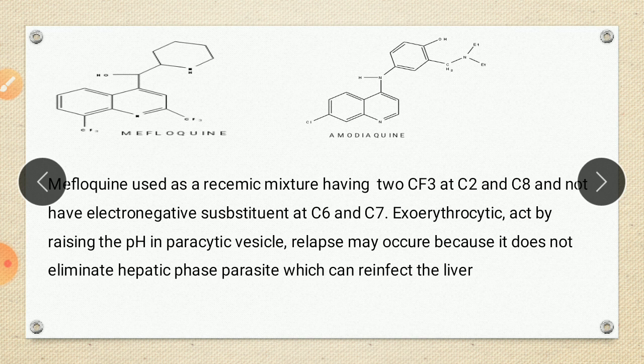Relapse may occur because the drug does not eliminate the hepatic phase parasite, which can reinfect the liver. As we saw in the life cycle, there is a secondary zone called a reservoir. These drugs do not affect that reservoir, therefore there may be chances of reoccurrence of infection.